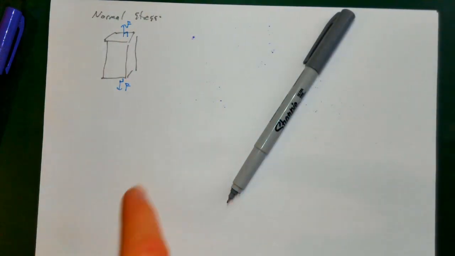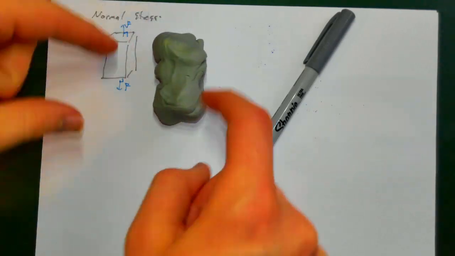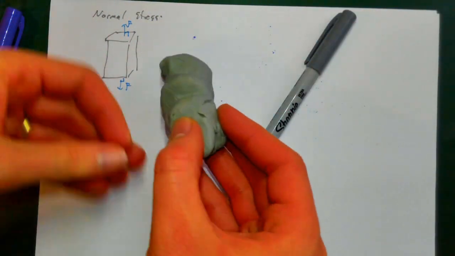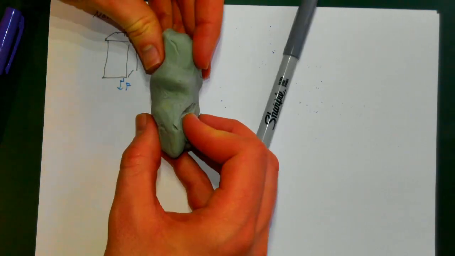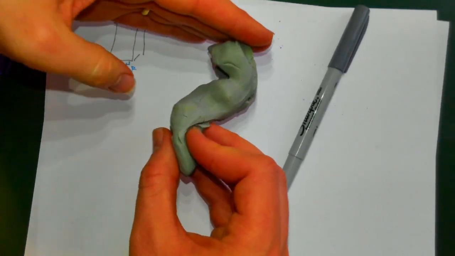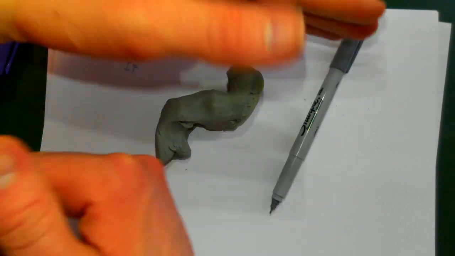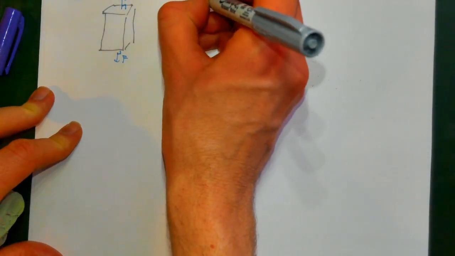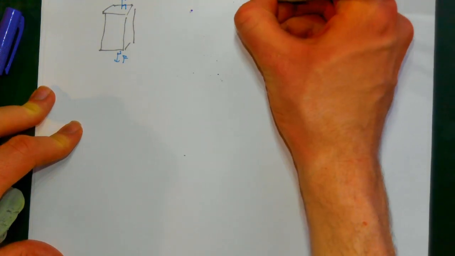But that's not the only way that I could apply forces. I don't necessarily have to just stretch it in this direction. I can also stretch it to the side. I can apply forces that do this sort of thing. So this leads us to talk about shear stress.